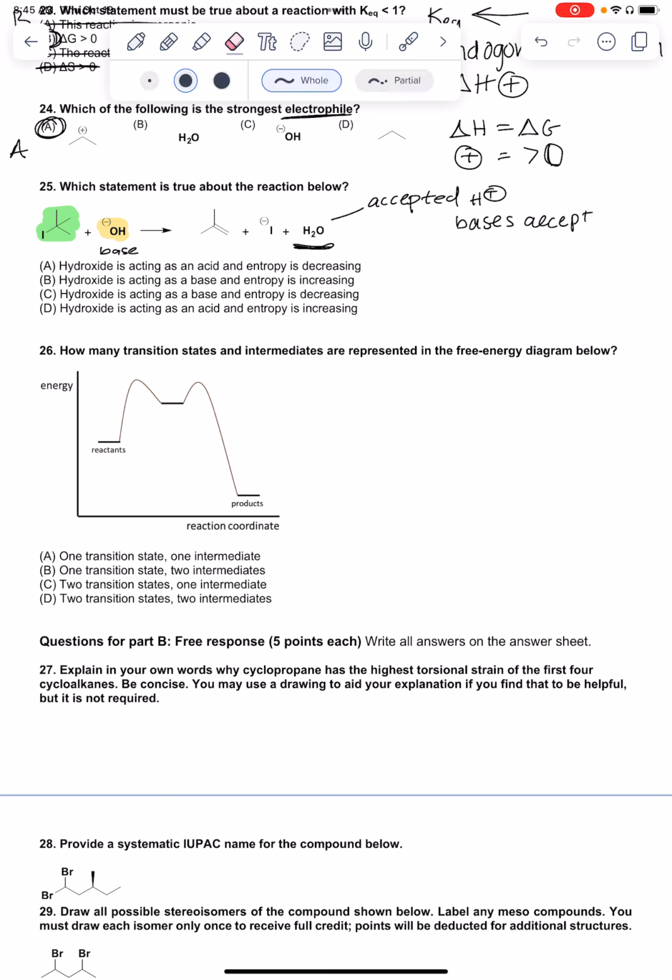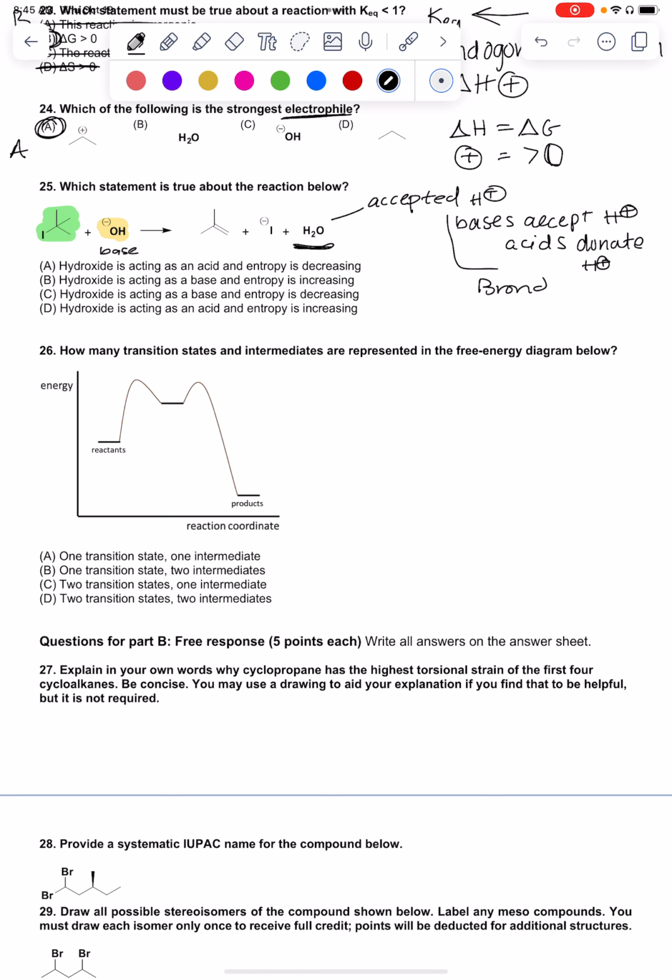Bases accept hydrogens. Acids give them away. This is the Bronsted-Lowry definition. Not to be confused with Lewis. Lewis says that bases donate electrons and acids accept electrons.